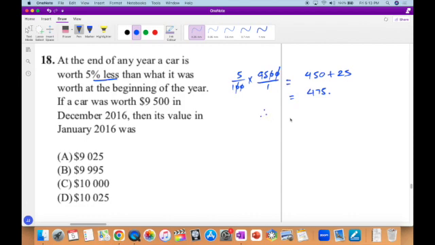So therefore, at the end of 1 year, it will reduce by 475. So 9,500 minus 475 is 9,025.